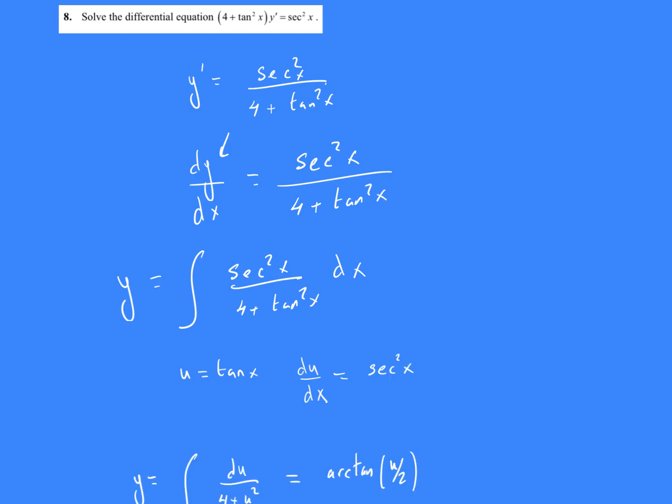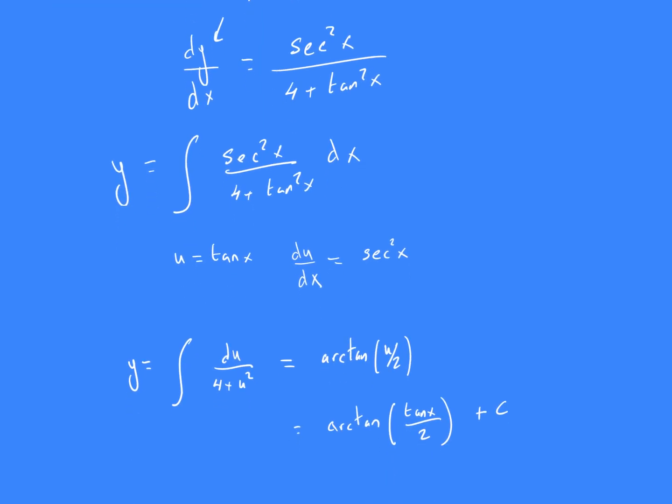So du is secant squared of x dx, and this is what is sitting in the numerator. So we do the substitution. The integral will read 1 divided by 4 plus u squared, and in the numerator appears du, secant squared dx.